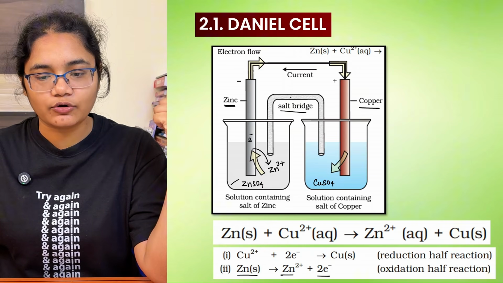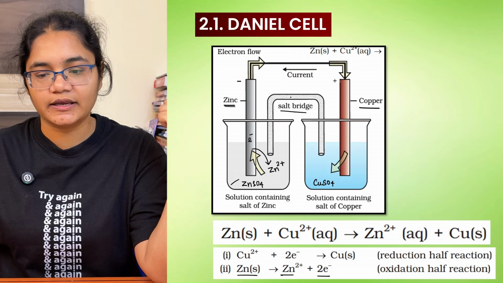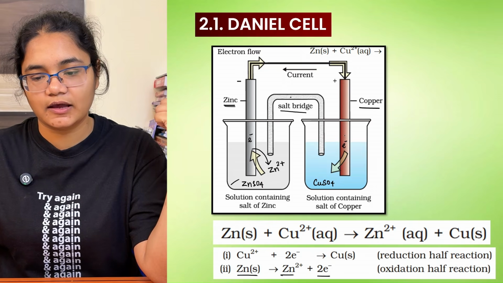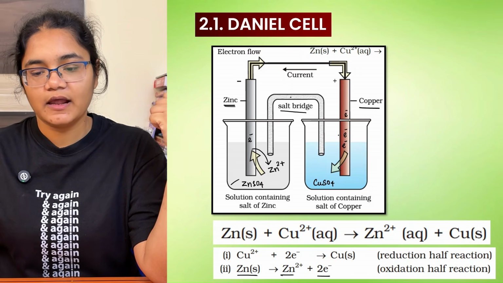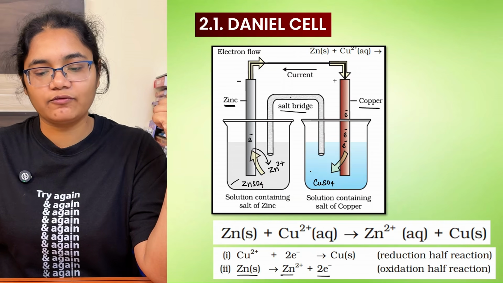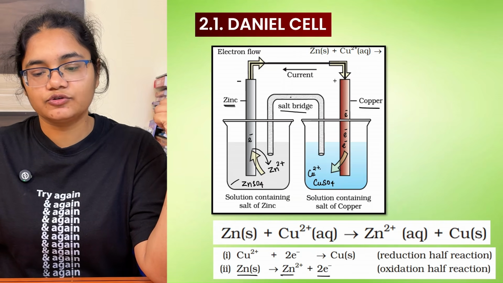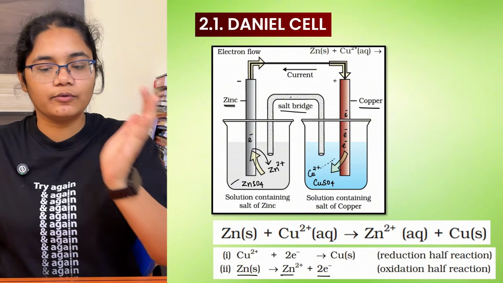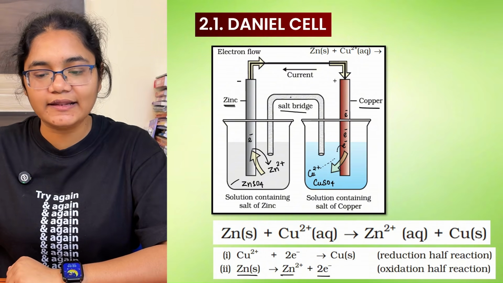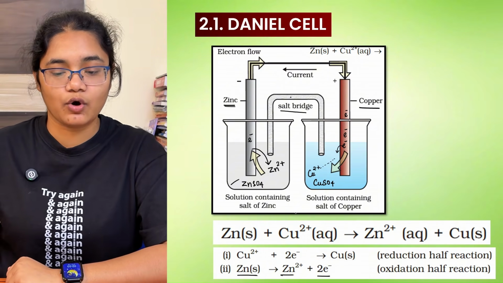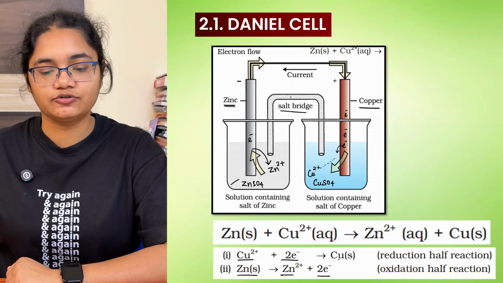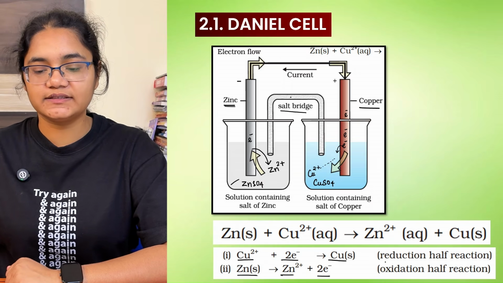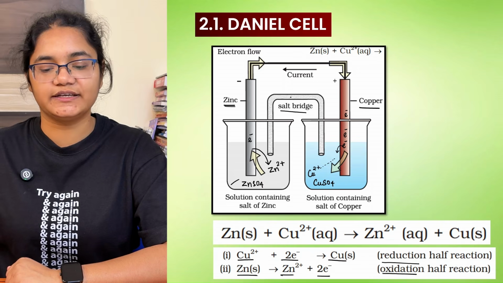Now these electrons move through the external circuit and come to this electrode. In this electrolyte, Cu2+ is present. So Cu2+ goes towards the electrode, gains these electrons and gets converted to copper: Cu2+ plus 2 electrons gives Cu. This is the reduction half cell and the other is the oxidation half cell.